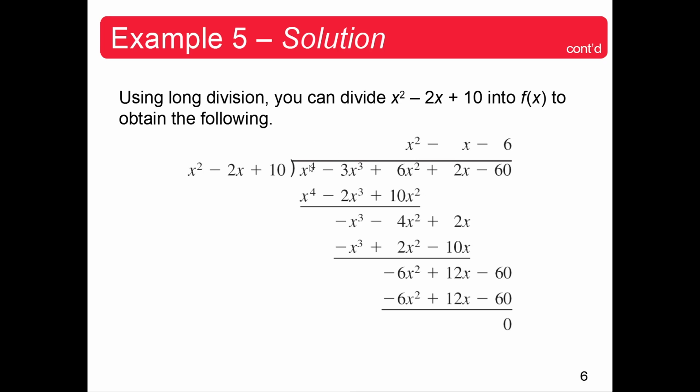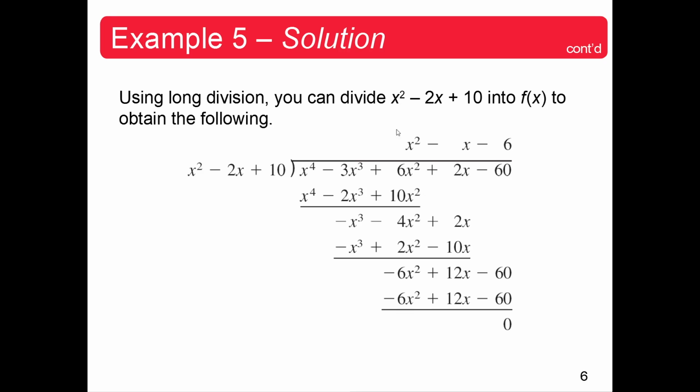What we would be looking at is a quotient of the leading term of our dividend and the leading term of our divisor. So x to the fourth divided by x squared gives us x squared. That's where the first part of our quotient came in. But what we then do with it is we remove x squared groupings that are x squared minus 2x plus 10 in size.